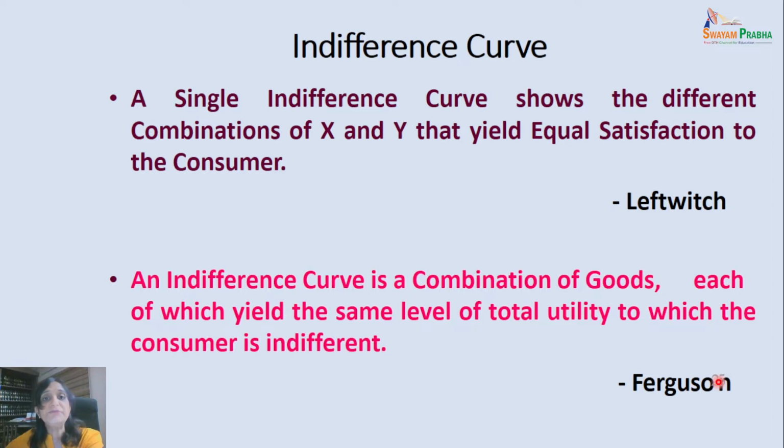So, an indifference curve graphically represents various combinations of two goods, and each combination gives the same level of total utility to the consumer. Because each combination gives the same utility, the consumer remains indifferent between these combinations.